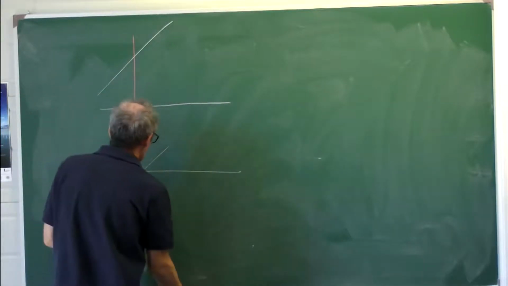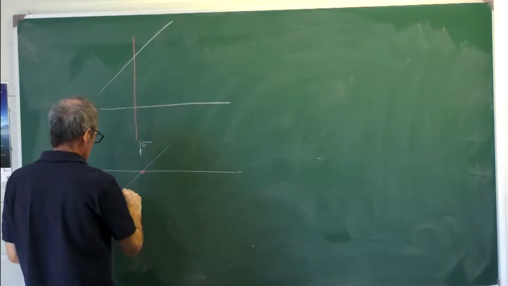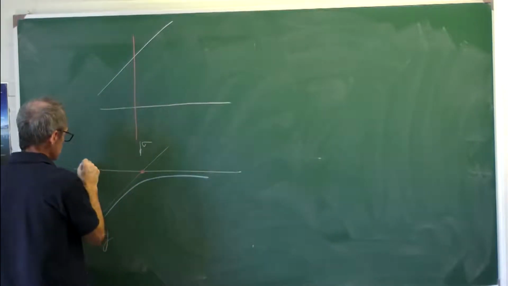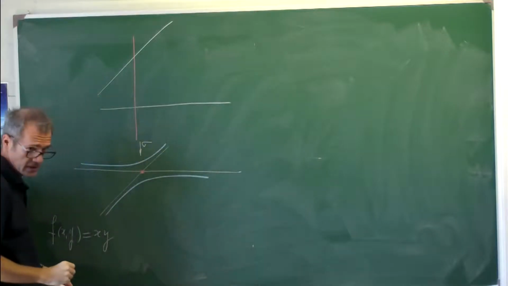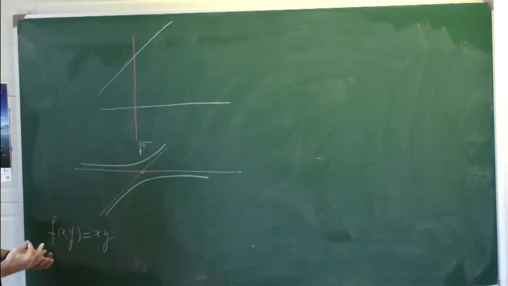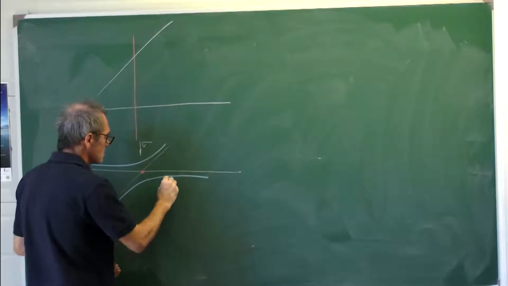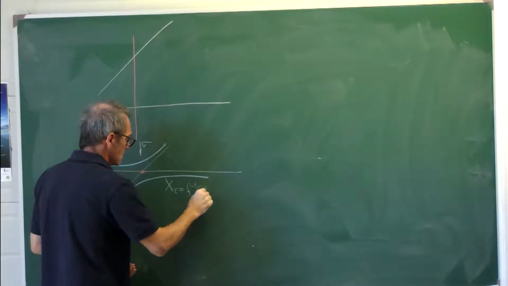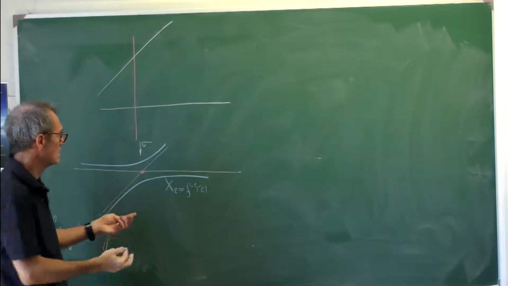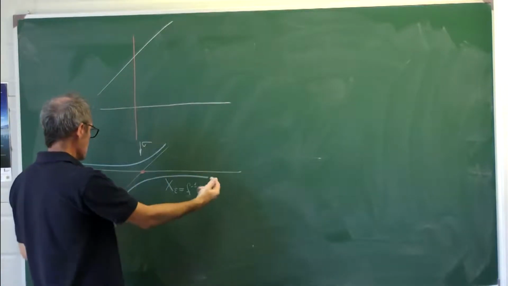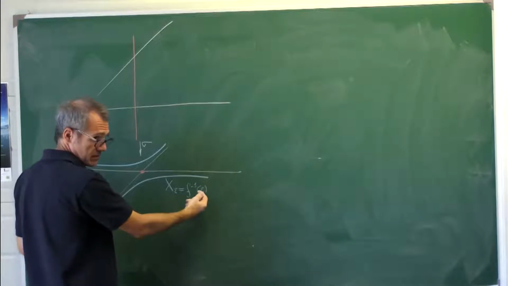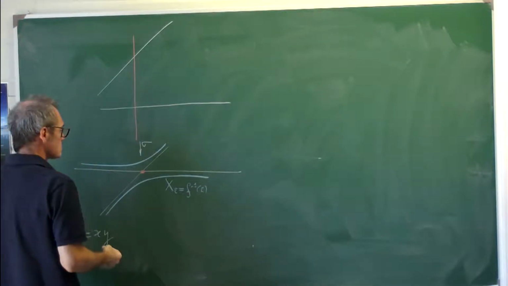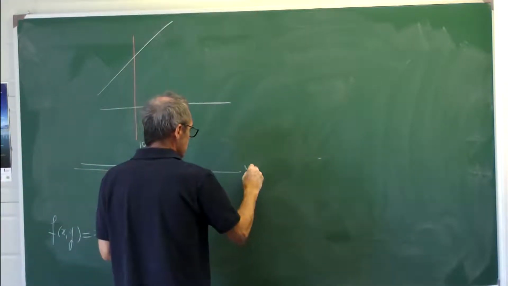Now the nearby fibers are given by hyperbolas. In the real situation, the picture depends on the sign of epsilon, of course. Here I have the special fiber.